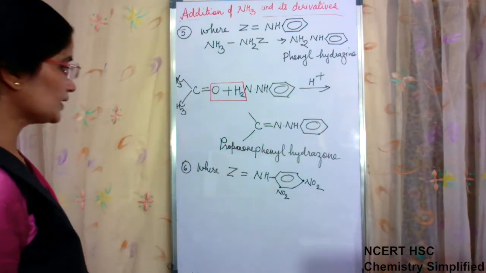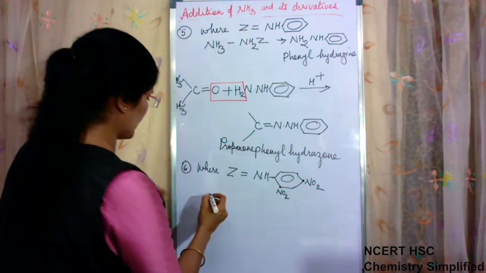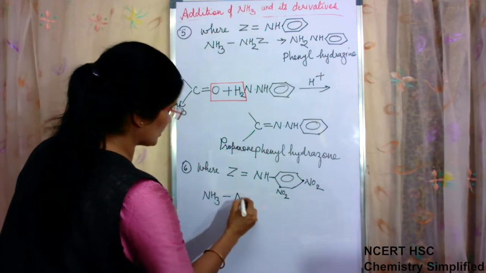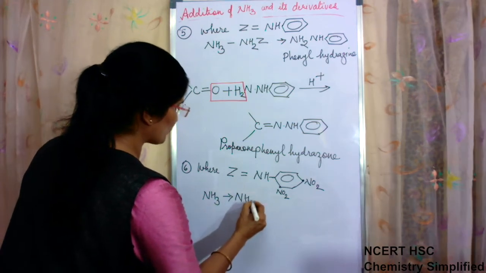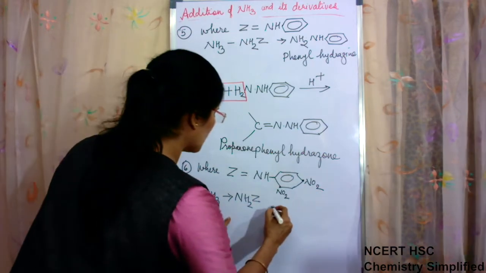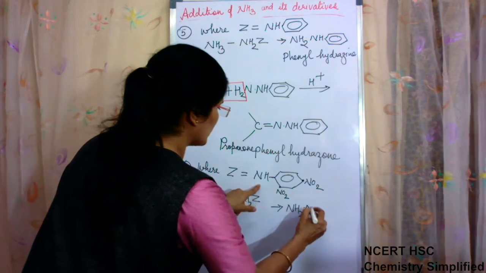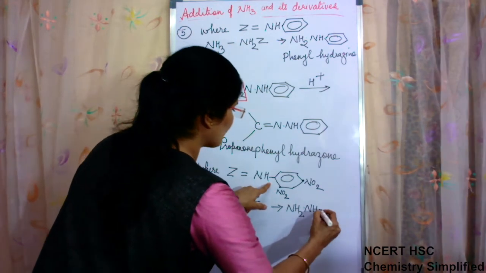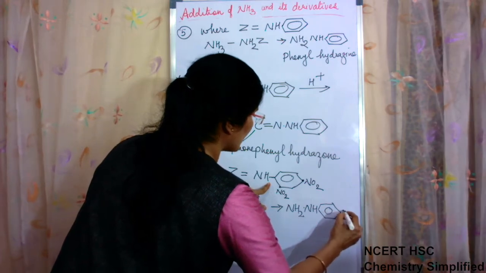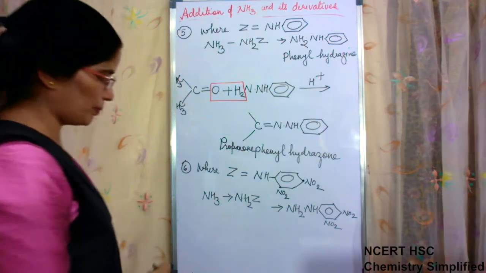okay, then the name of this substituent when attached with NH2, because NH3 is written as NH2Z, where this Z is this much group. So the new reagent is NH2, NH and benzene ring substituted at 2 and 4 position by nitro group.